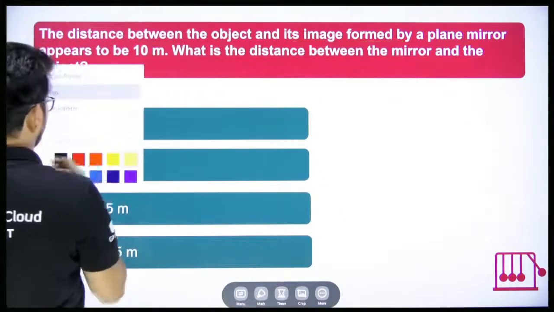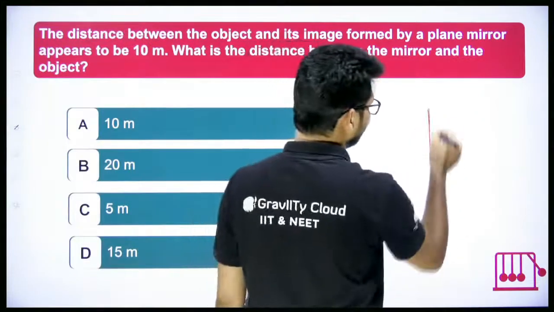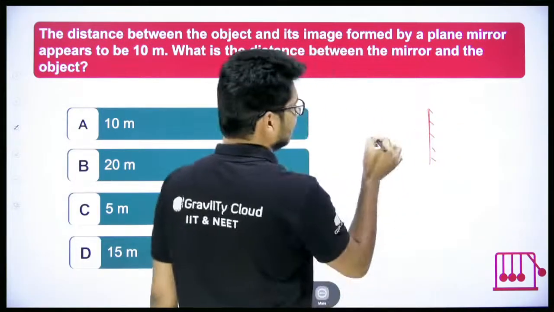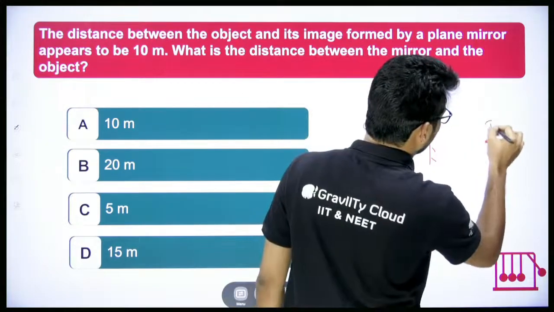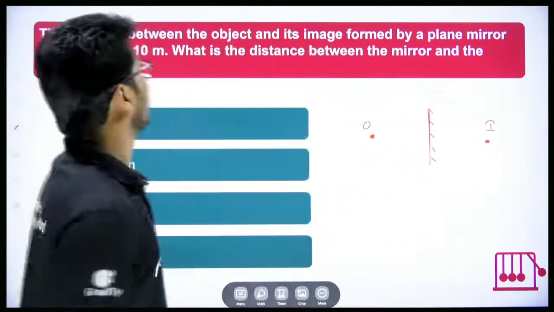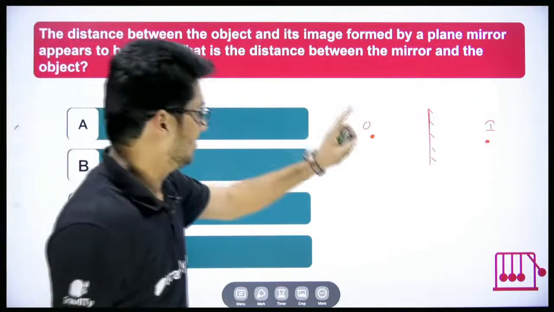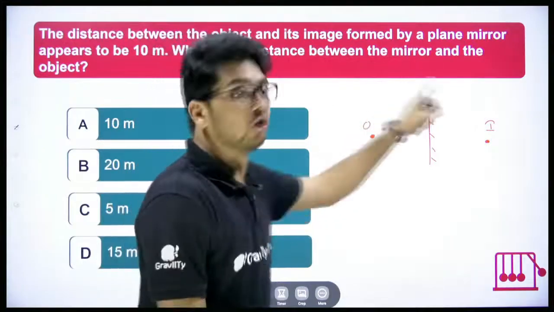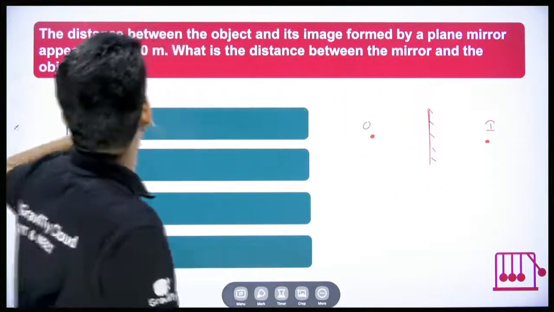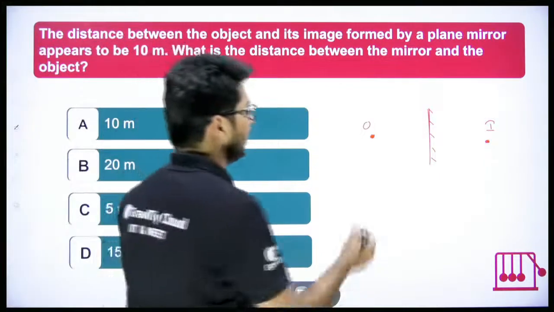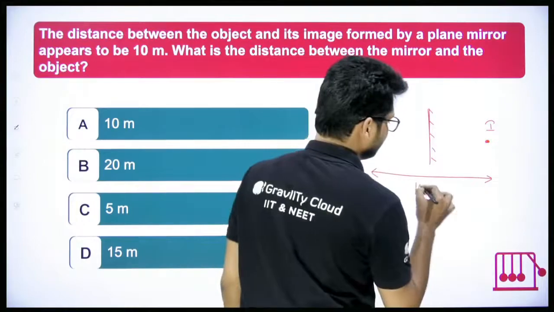This is the mirror. Let's say this is the object O and here is the image I. The distance between the object and its image, between O and I, appears to be 10 meters. So this distance is 10 meters.